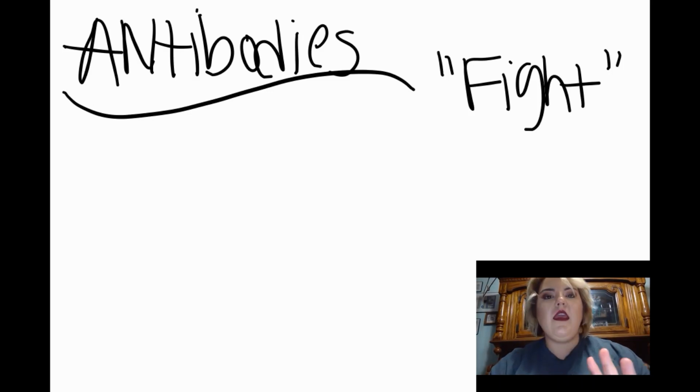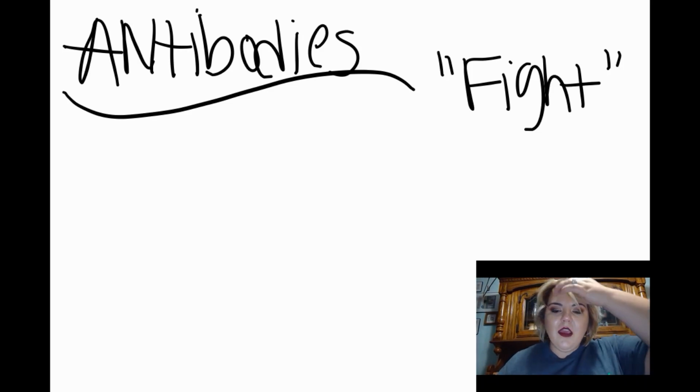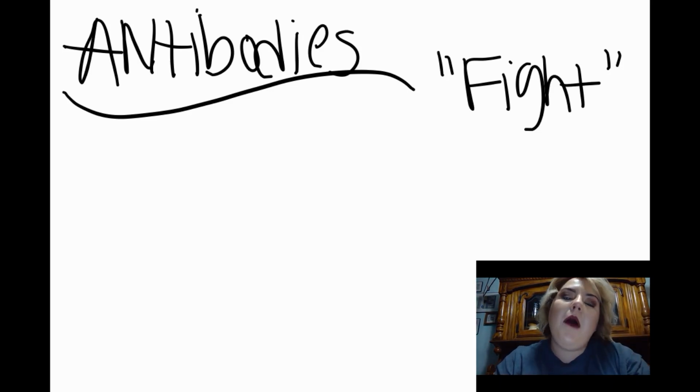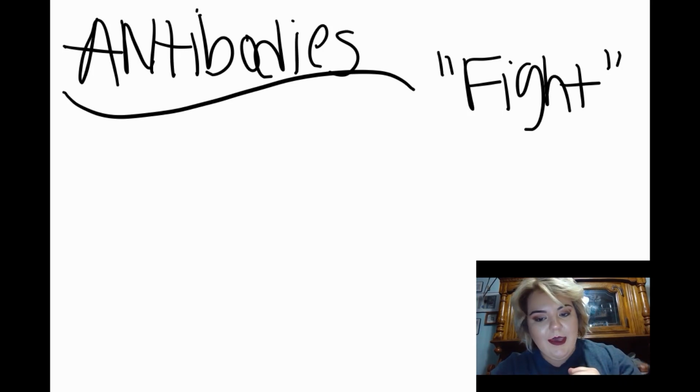So if you have A blood, you can't get B blood. If you were given B blood, what's going to happen is called an agglutination, which means your blood's going to clot, and that's going to be very deadly very quickly. So antibodies are going to develop in response to the antigens that you have.